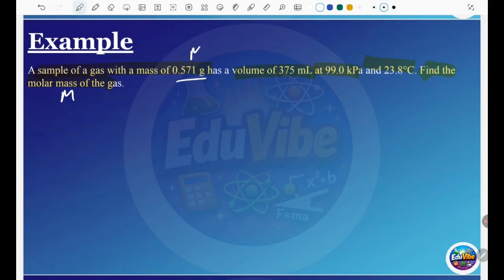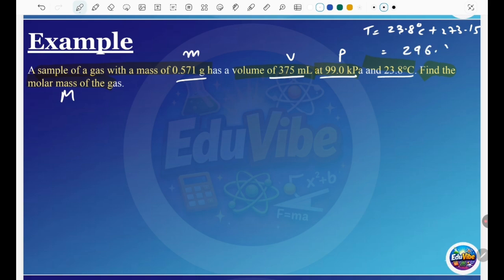This is your mass, this is your volume, this is your pressure. You have a temperature, so 23.8 degrees Celsius plus 273.15 gives about 296.95 Kelvin. So this is your temperature.